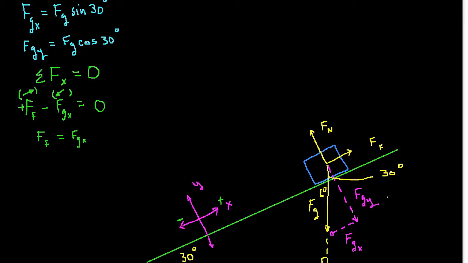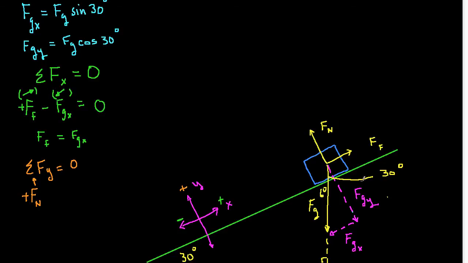Now let's sum the forces in the y direction. We have this force right here, Fn, acting directly up. Remember, y is at an angle like this. So we have Fn acting directly up, and I think we should make that positive because that's just very familiar.